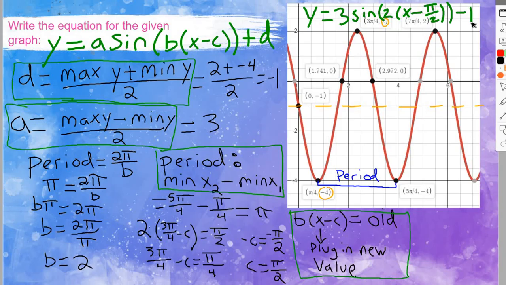But now my maximum is at 3 pi over 4, so we're trying to figure out how my c value moved us from pi over 2 to 3 pi over 4. And then I plugged in 2 for my b value here. We're going to look at another example, so hopefully that might help some more. Alright.